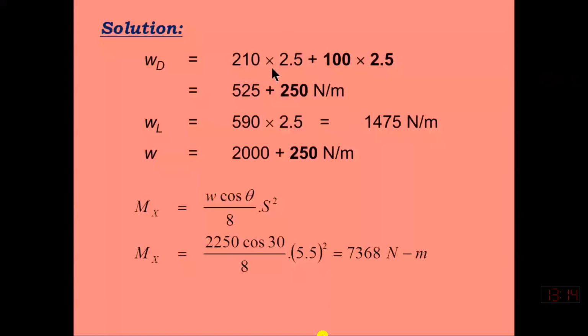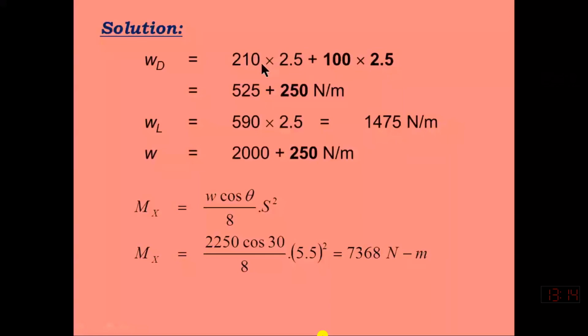While computing the dead load, we keep all types of dead load separately and the self weight separately. Here you can see in bold, this is the self weight. Although we are also computing the total load, we are keeping the self weight of the purlin separately and the other applied dead load separately.